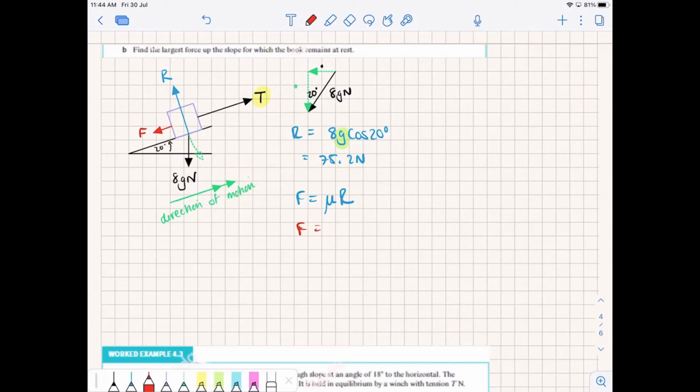And if we round that correctly, we get 17.4 newtons. So this is the 0.231 that we got from the previous question, and this is the 75.2 newtons that we reworked out again. So now we have the friction force.